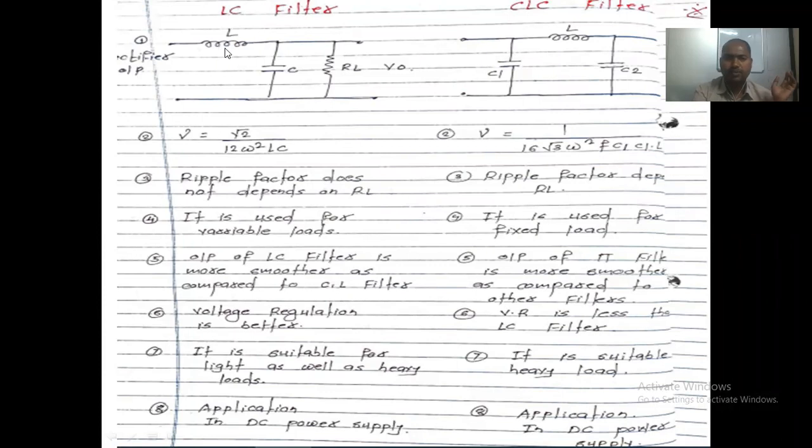Inductor first means that of whatever component comes across, only the DC part passes over here, and if it contains some AC, it is blocked. So here only the DC part comes across. If it contains some noise, some AC, it is blocked. So a large amount of DC is coming across in the case of the LC type of filter.